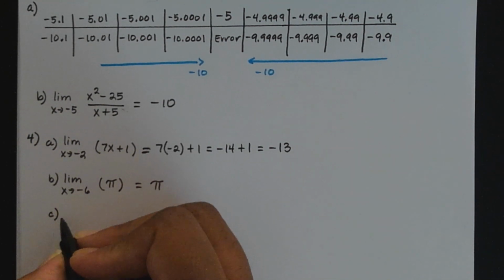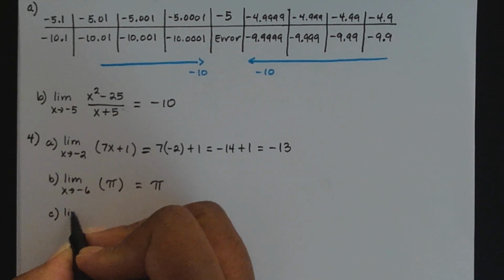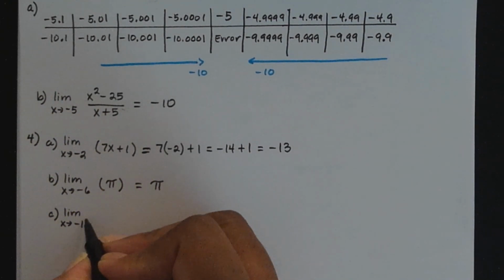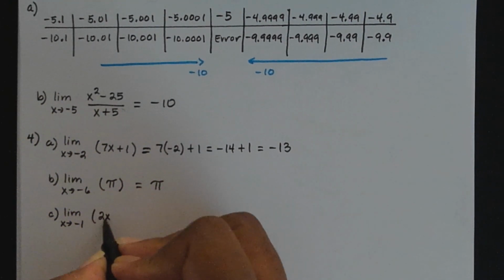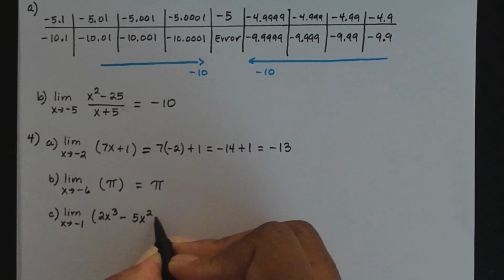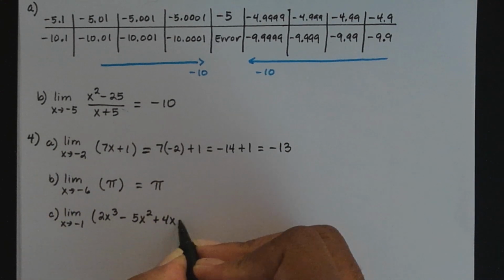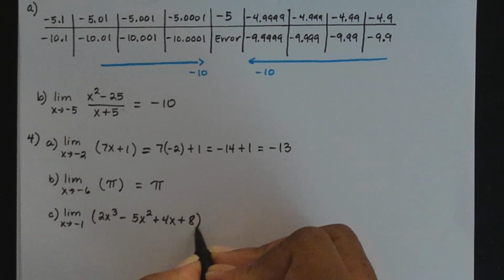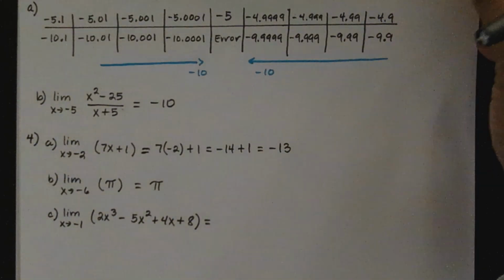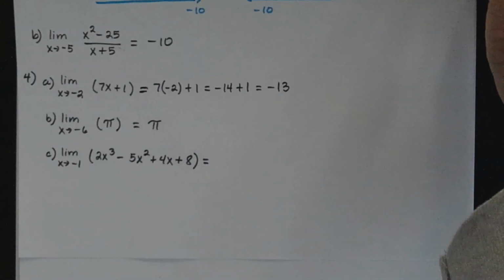Part C is the limit as x approaches -1 of 2x cubed minus 5x squared plus 4x plus 8. So this time we do have a polynomial function.